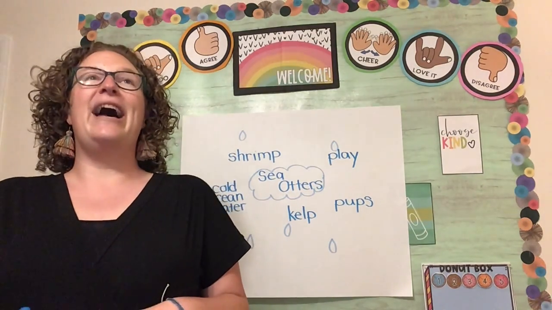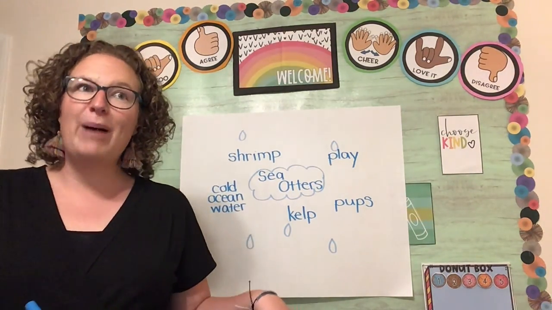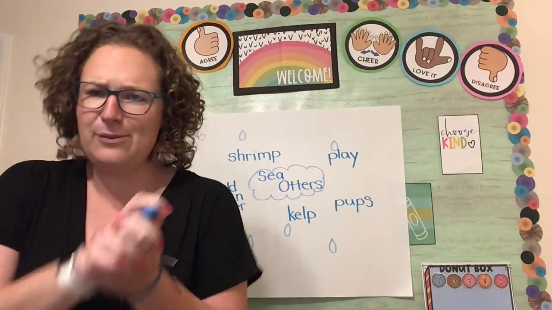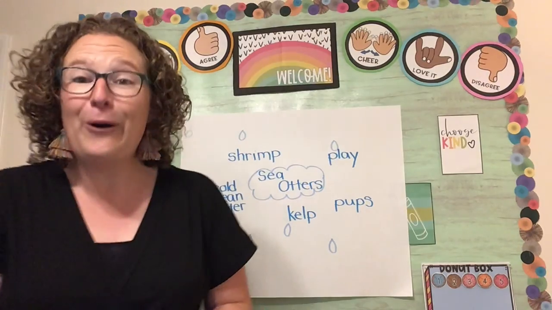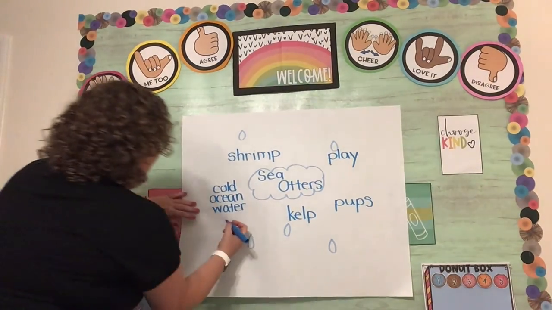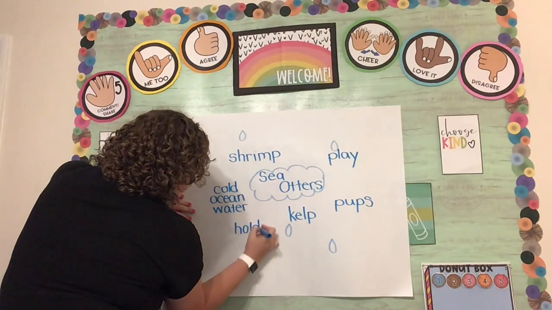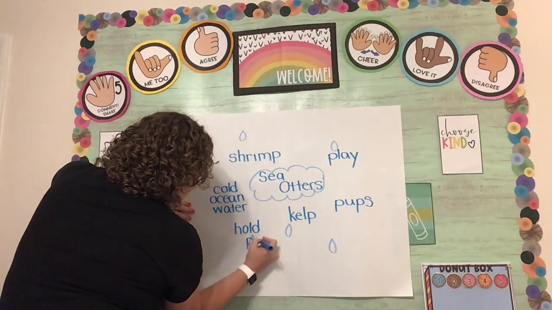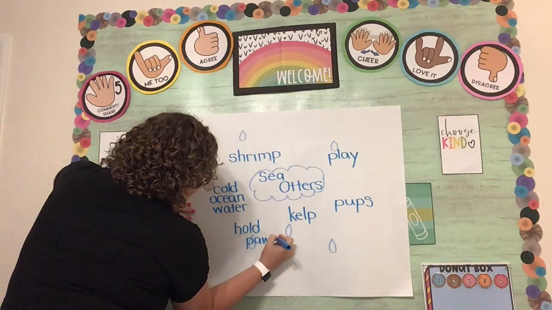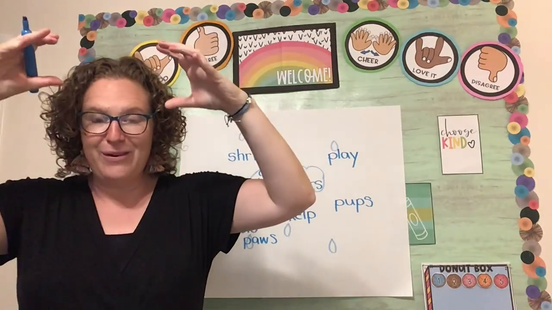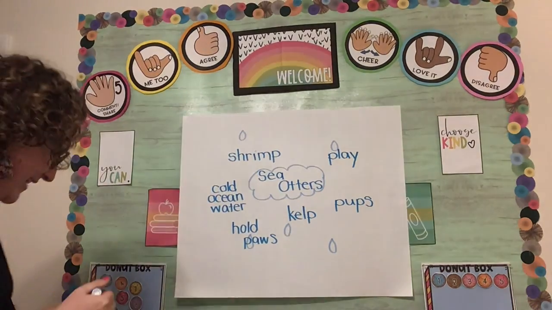Sometimes they lay on their backs, and when they're next to their mom, what do they do? They hold hands. Well, they don't have hands, so I guess they're paws. So they hold paws. Oh my goodness. So now we have our main idea, our rain cloud, and all of those details.